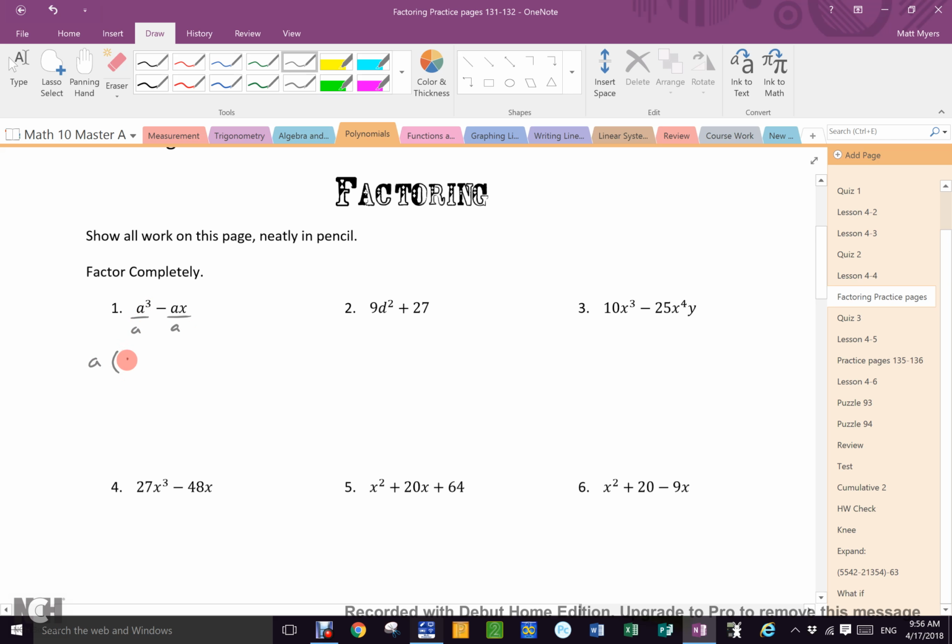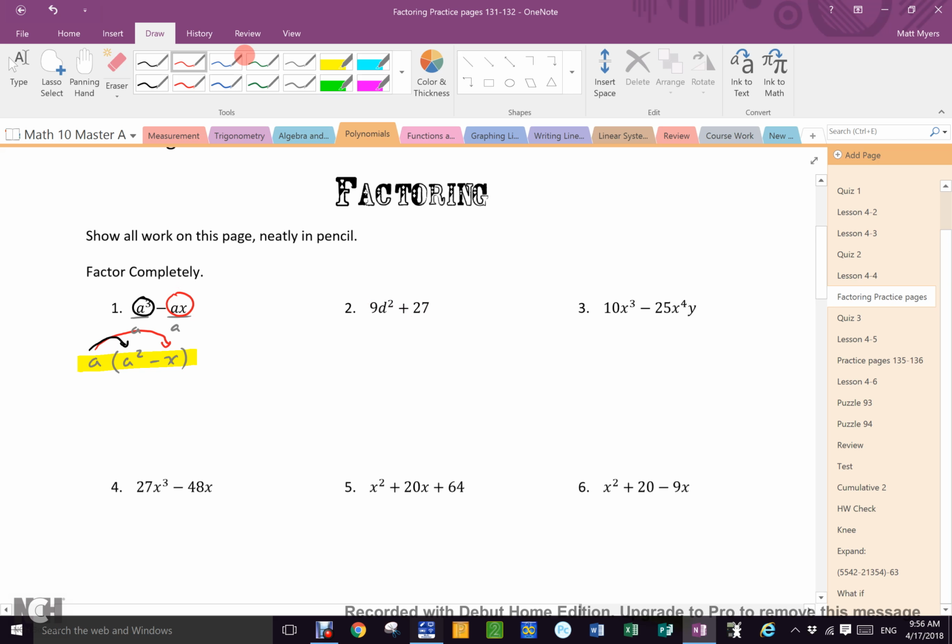A cubed divided by A is A squared. A over A disappears, minus X. Done. If you don't get it, or you're unsure, you always check at the end. Is A times A cubed? Yes. Is A times X, AX? So we did it right.